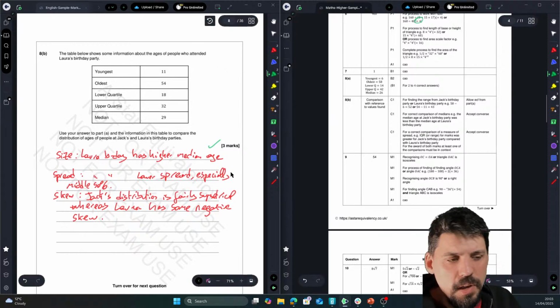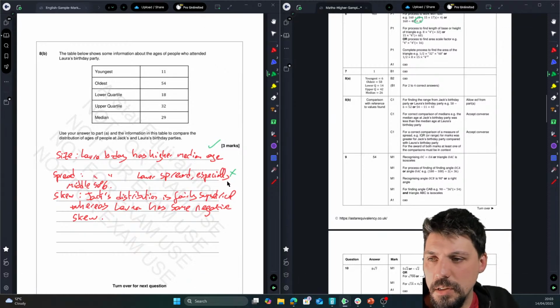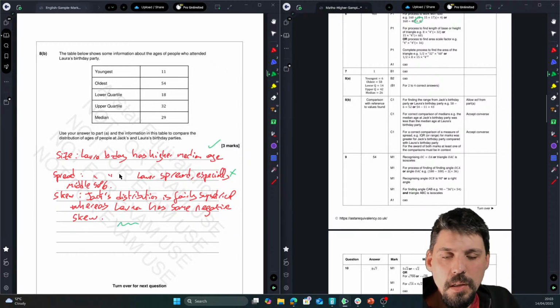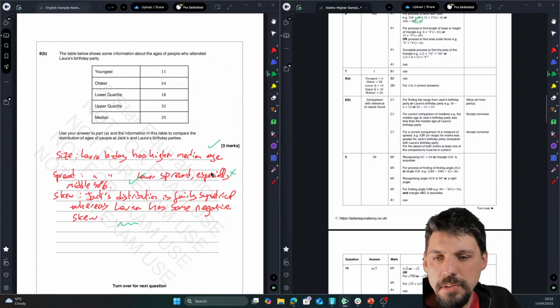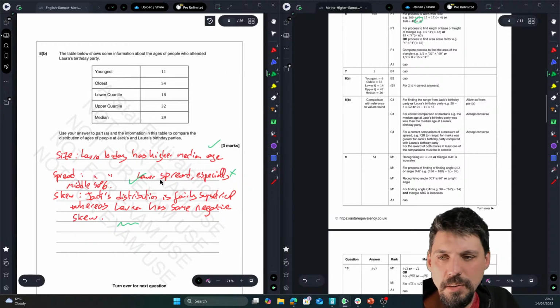Yes, so I think I might lose a mark there, actually. Interesting. But, okay, so they won't worry about skew. So skew is not something they do on this paper. So I get the mark for the comparison, but I lost one for not finding the actual values by just not writing them down.